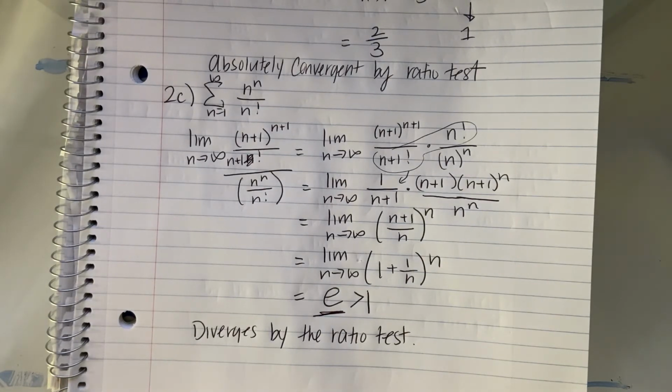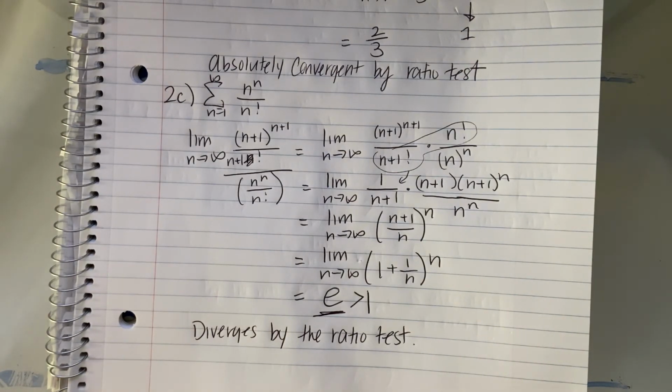Because every term after that is just e bigger, so the term 4 after that would be e to the 4th bigger than the term you just had. Of course, exponentials will get out of control quickly. But there's roughly a relationship for how much bigger the next term is compared to the first one. But either way, it will diverge by the ratio test.